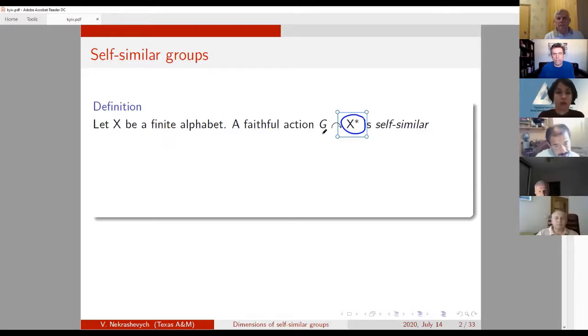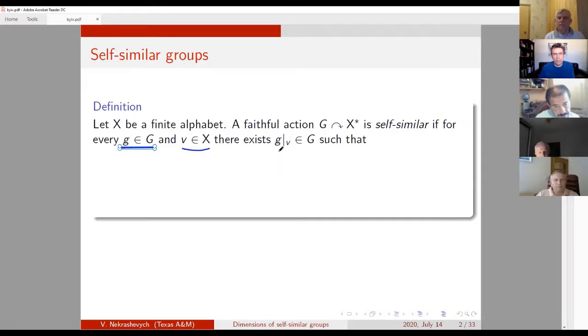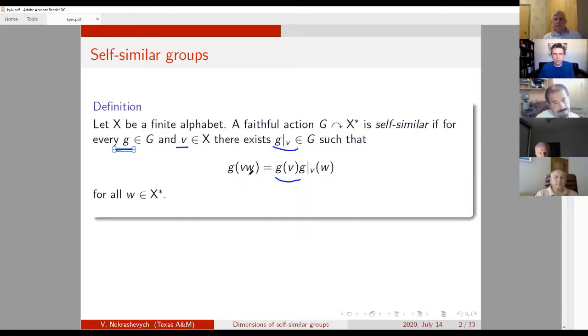And then a faithful action by permutations on this set is called self-similar if for every group element and for every word there is another group element such that for every group element G and every word V, if you apply G to VW, you will act by G on the prefix V, and then by this new element on the tail, so on the suffix.